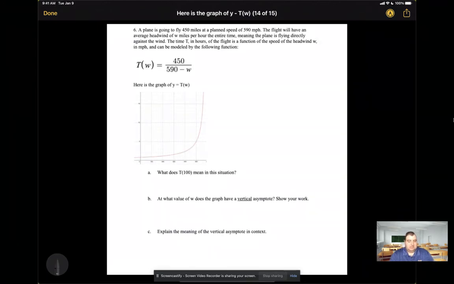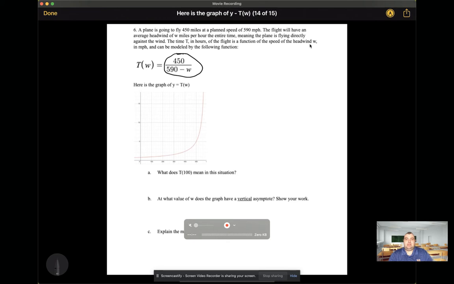What does t of 100 mean in this situation? T of 100 means to plug in 100 for W. So if I were to take this function and plug in 100 for W, first of all, what does W represent? W means headwind.